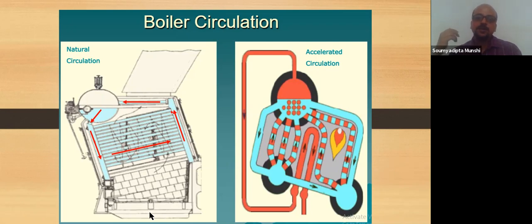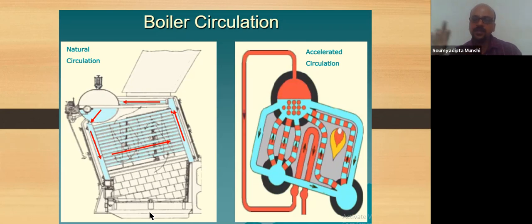After entering the drum, it flows down through the downcomers. That means there are many tubes you can see in the picture. It comes down through the downcomer tubes and enters the bottom of the water wall tube.